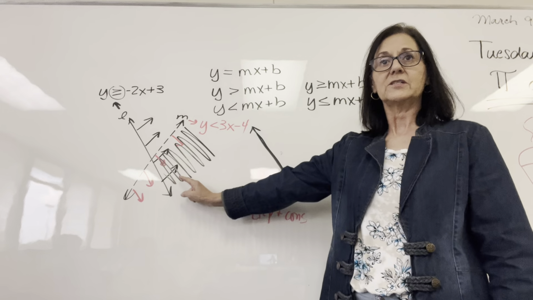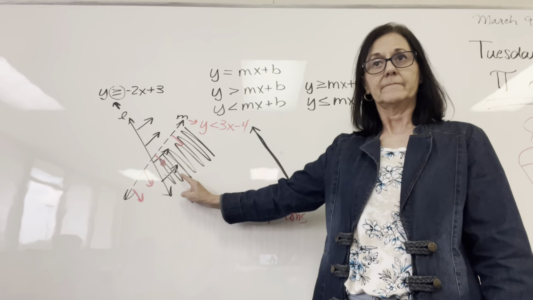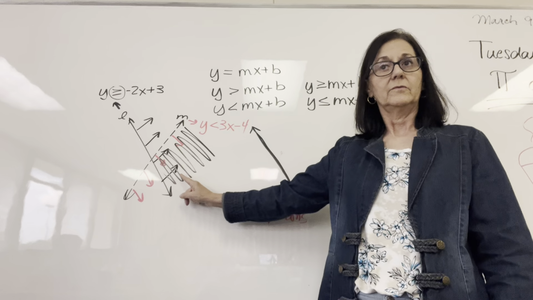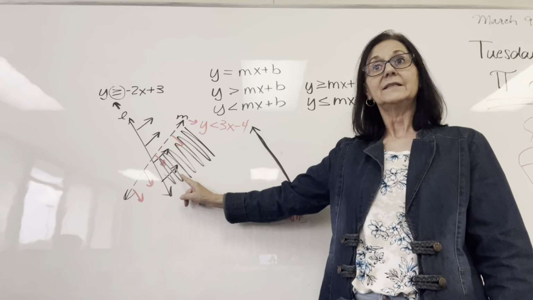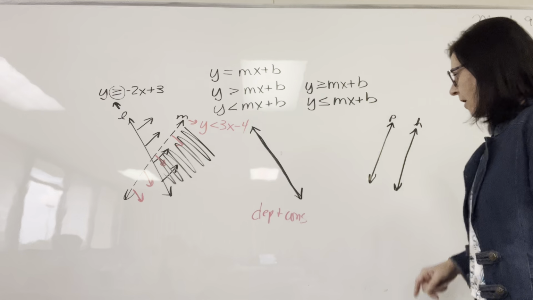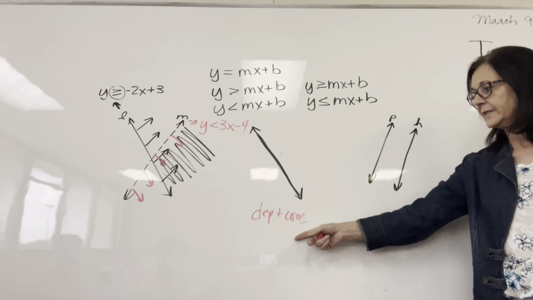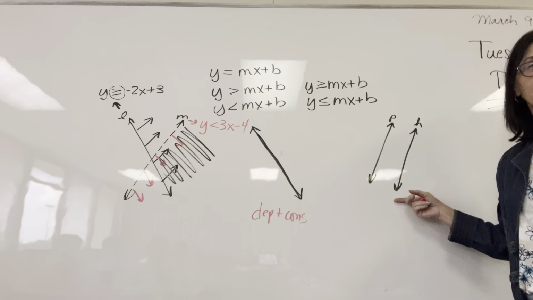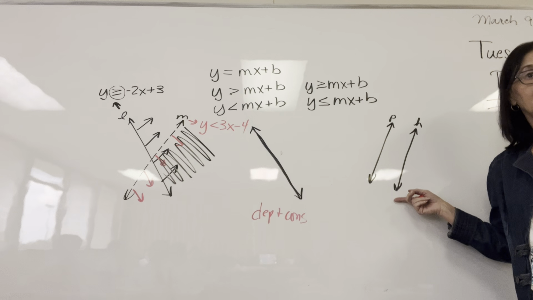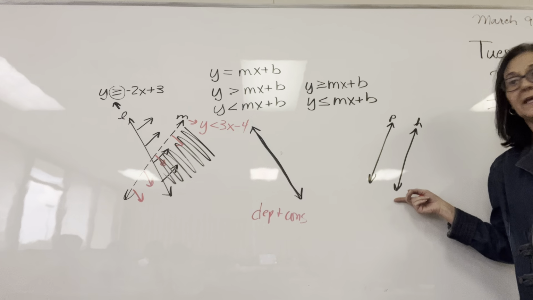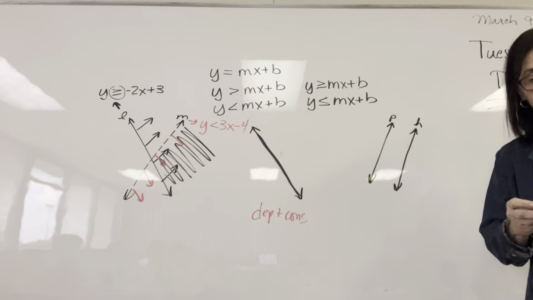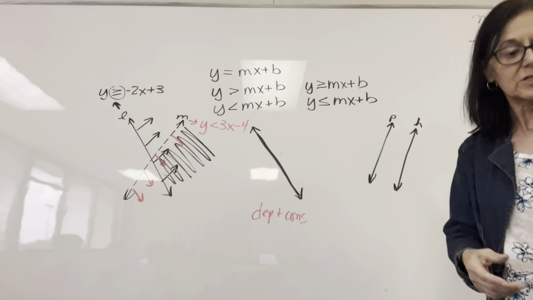This set is independent and consistent. All right, so we're not going to have any that are dependent and consistent, but this one is independent and inconsistent.